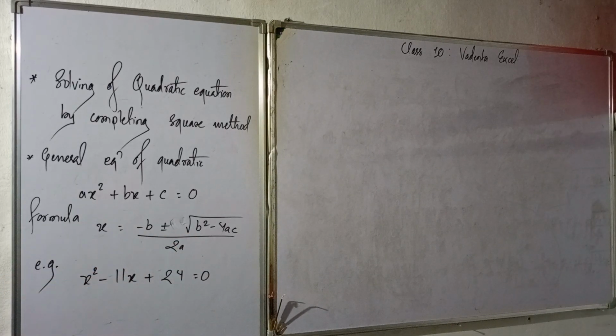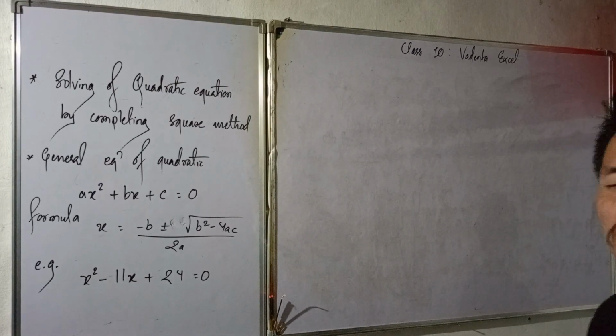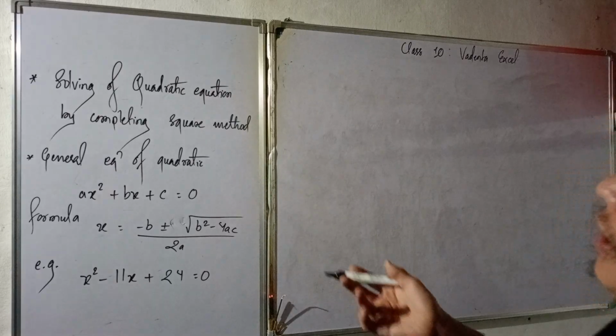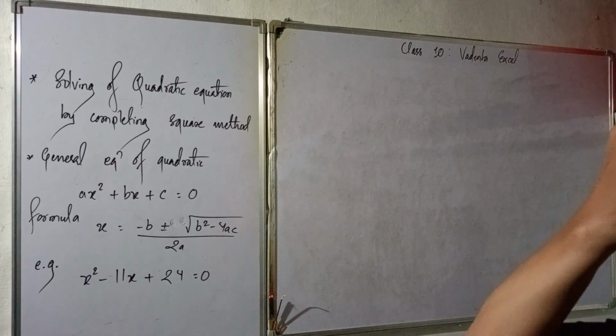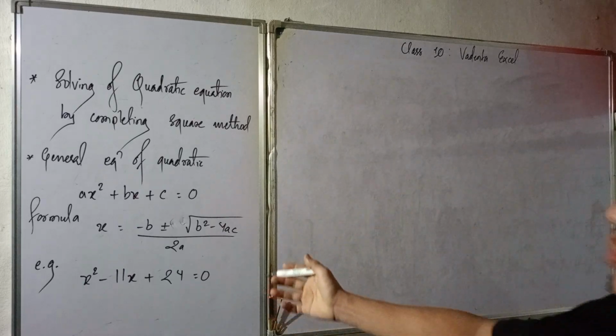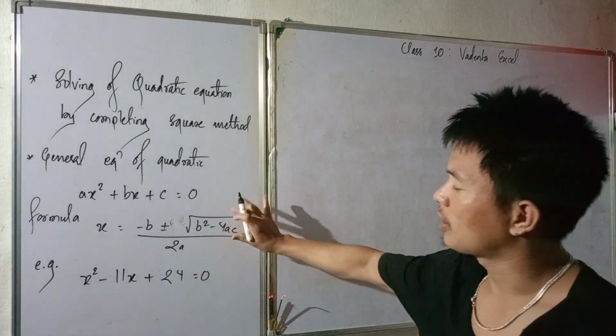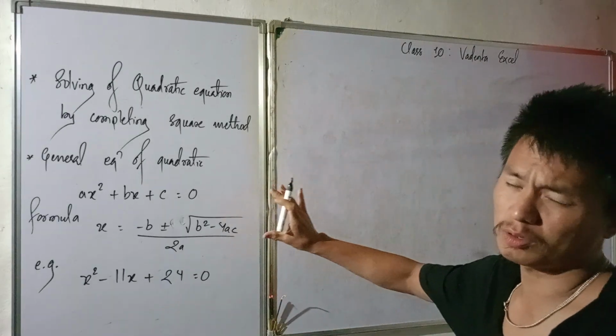Today I'm just trying to show how to derive that formula. It might not be so important, but for the sake of argument, you can show some people how this formula has been derived. So I will just try to obtain this formula.